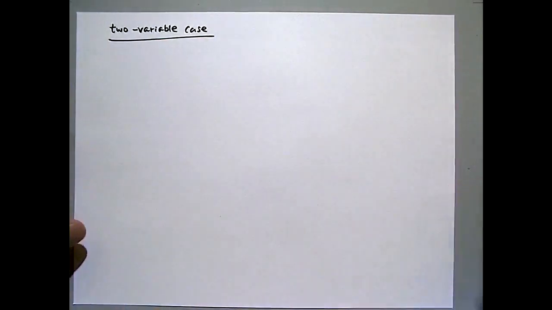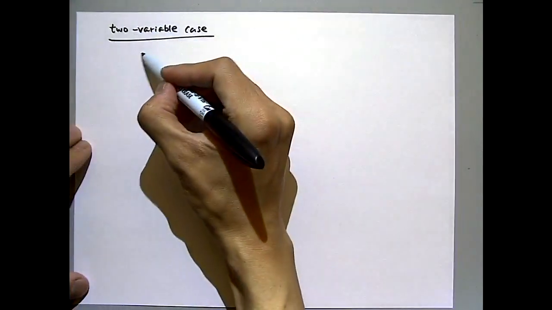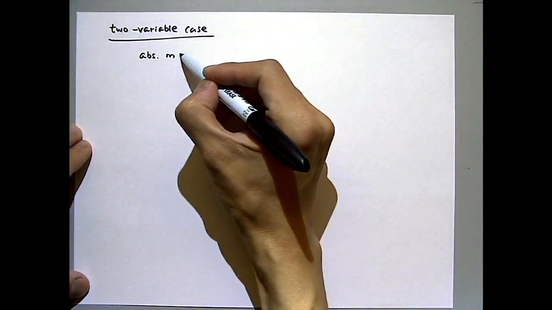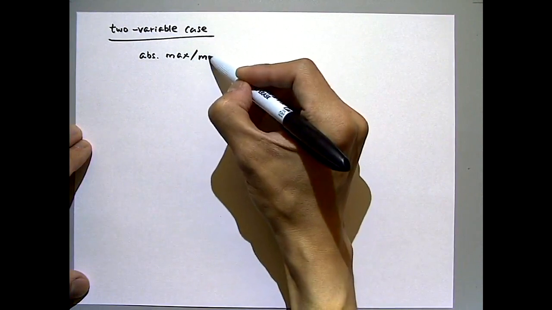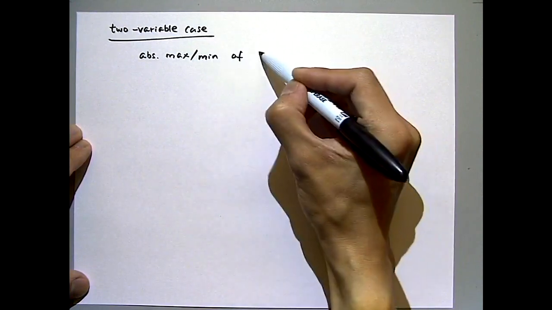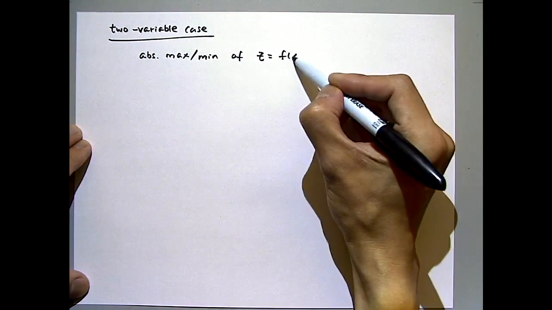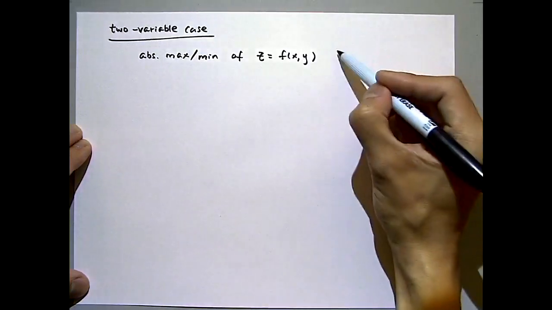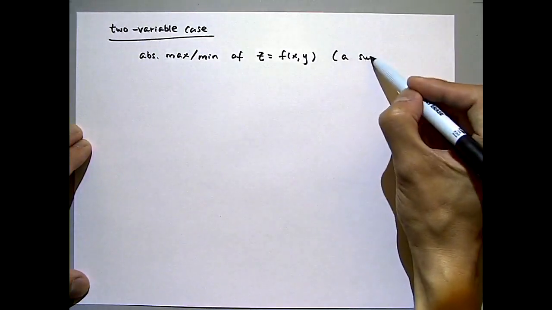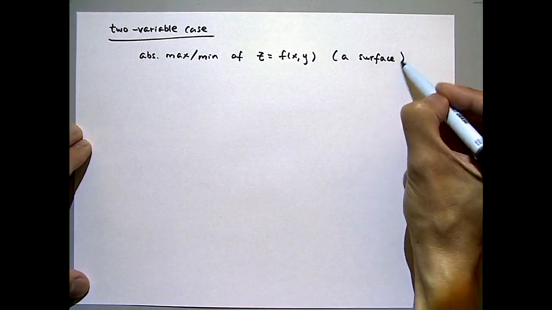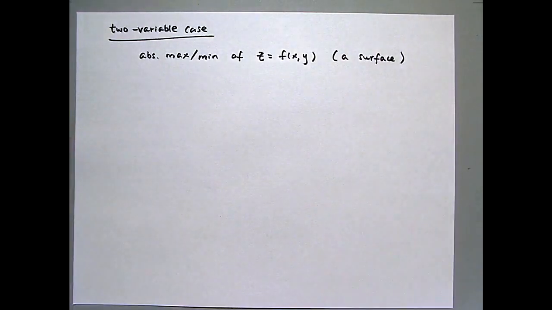Now, when we deal with the two-variable case, we're looking for the absolute maximum and minimum of a two-variable function, z is f of x, y. Which, remember, is a surface, not a curve anymore.